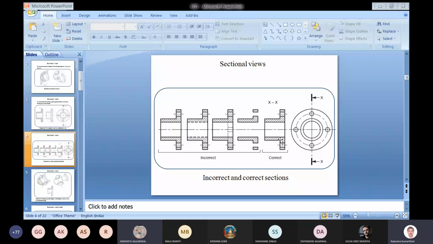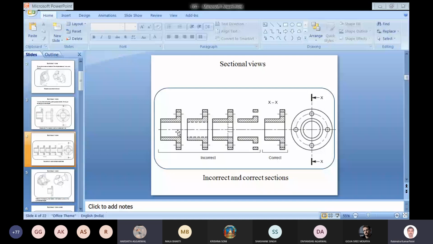No, sir, I'm talking about the first one. Yes, this first one has a different direction in some part, and in some other part it has a different direction. Like here in this part it has this direction, and in the other part it has this direction. So that's why it is incorrect.